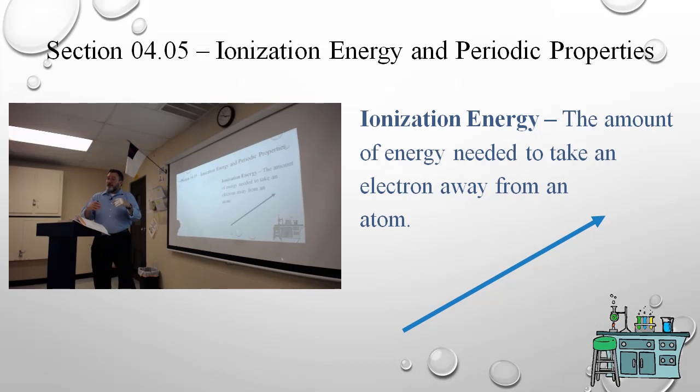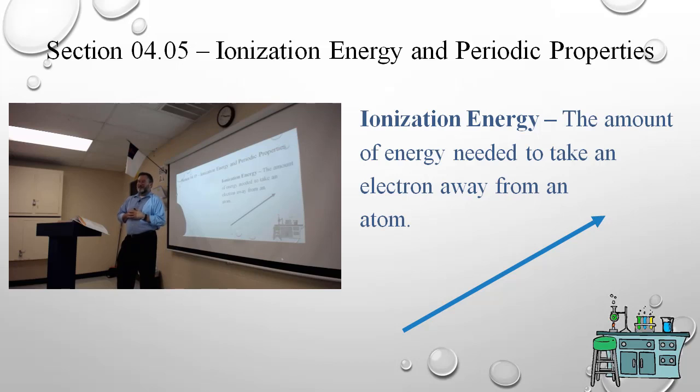So if I were to look at a periodic table and plot a couple of these elements and say which one has a greater ionization energy, what would you have to do? Based upon where they're plotted, you would see which one is where. Keep going.